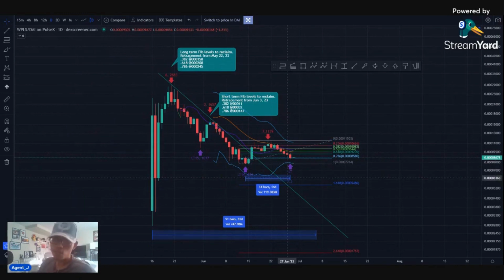Shit, I've been saying 3 zeros. It's actually 4 zeros. And if we break down from 4 zeros and a 6.1, let's see, we're going to look for maybe 4 zeros and a 5, right? Use this trend line as support, and the lowest I expect it to go is 4 zeros and a 3.5.